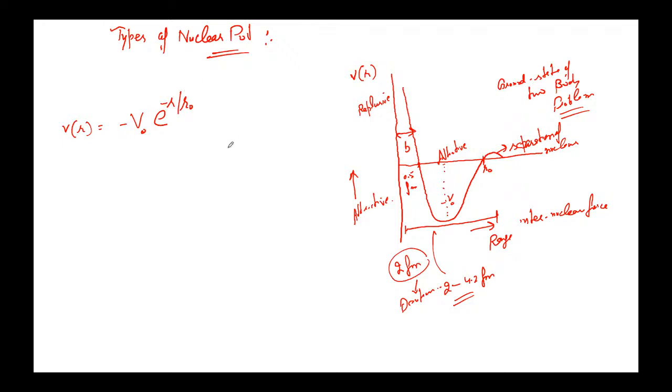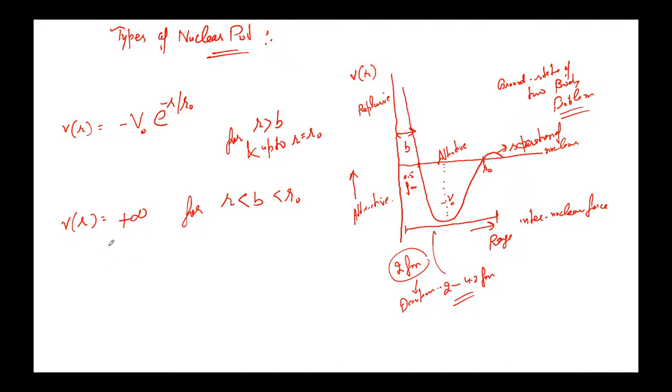So this is for r greater than b and up to r equal to R naught, and beyond that the value of V of r approaches infinity. So when the particle comes out of the box, we can derive the value of this V naught for the different states in which these two particles are bound.